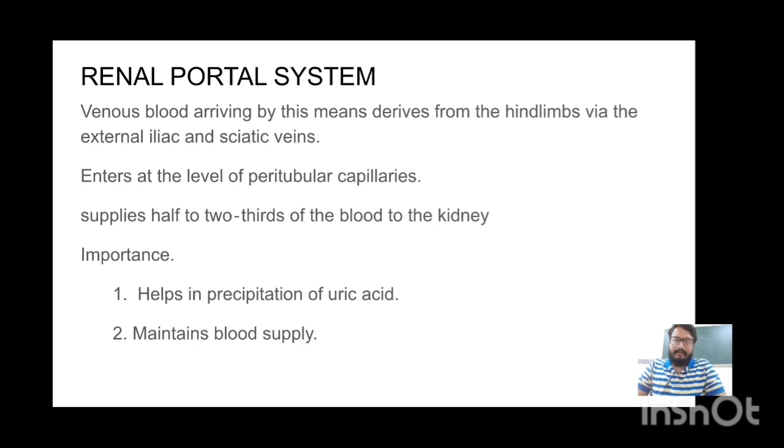So the uric acid is made to be precipitated because of the increased amount of blood flow. That is, whenever the solubility is exceeded, the uric acid forms as a precipitate. The advantage is that this will prevent the obligatory water loss.